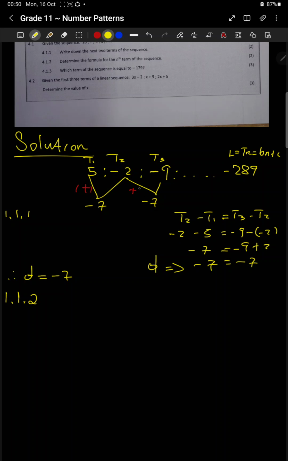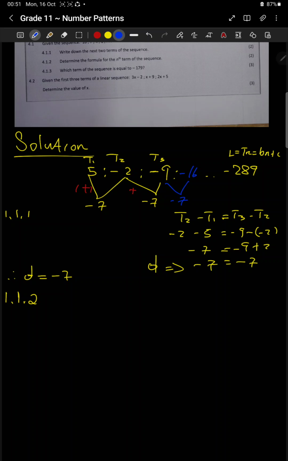Negative plus negative, so that means -7 and -2 is going to be -9. Then -7 and -9, and therefore the next one must be -16. Let me just use another color. Must be -16.